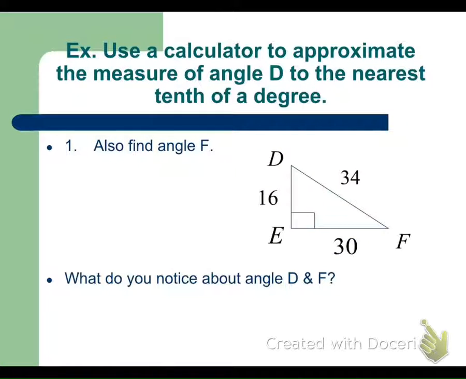So over here, use the calculator to approximate the measure of angle D to the nearest tenth. And then we also want to do the same thing with angle F. So which trig function do you want to use to approximate angle D? Sine, cosine, or tangent? In this case, we're given all three sides, so it does not matter which one you choose.